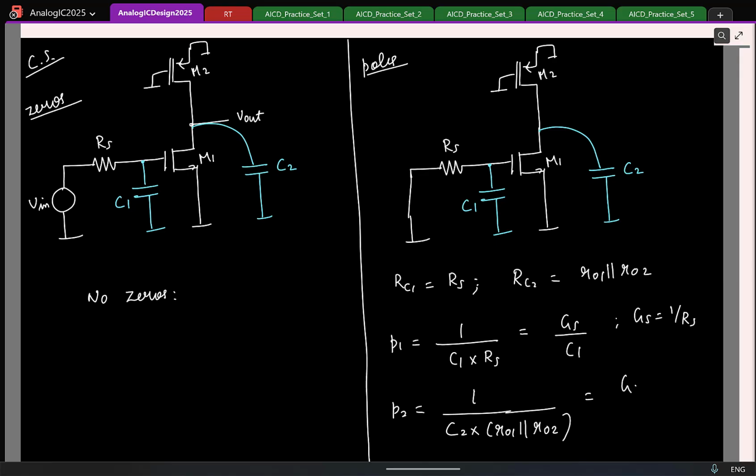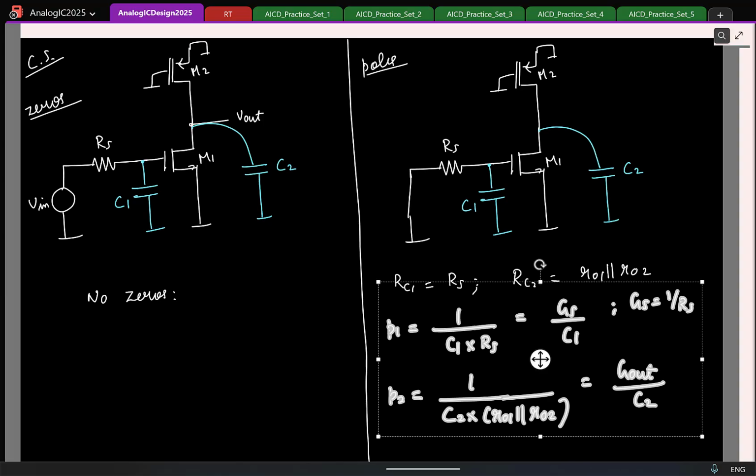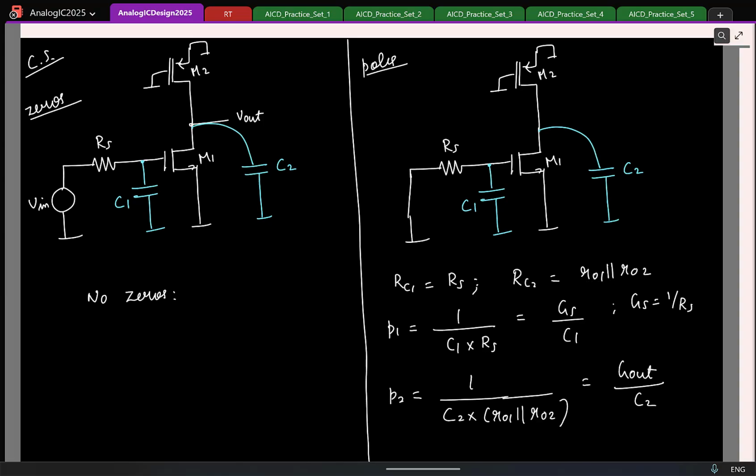So this I will write as an output conductance Gout by C2. This is fine. Here the poles are uncoupled, so it's trivial. Again, remember here I didn't consider the effect of the gate to drain capacitor, so life was simple.